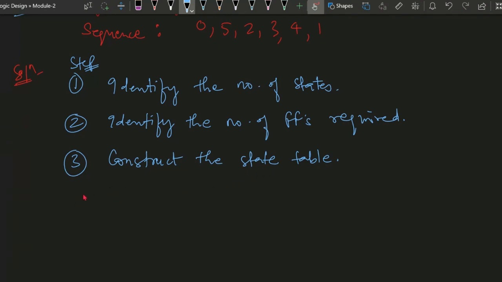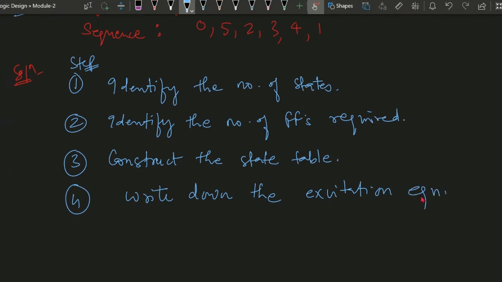And then the fourth step will be to write down the excitation equation, or with the help of the excitation table, write down the excitation table.